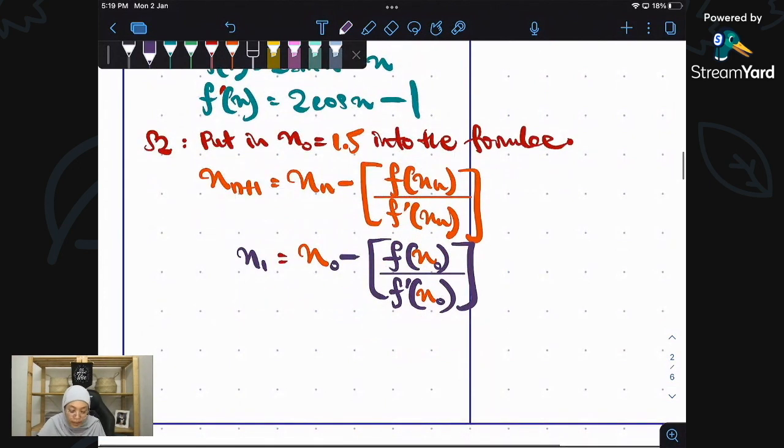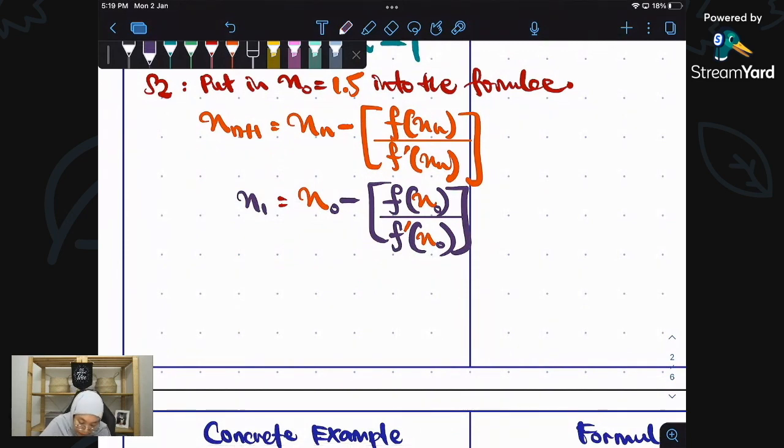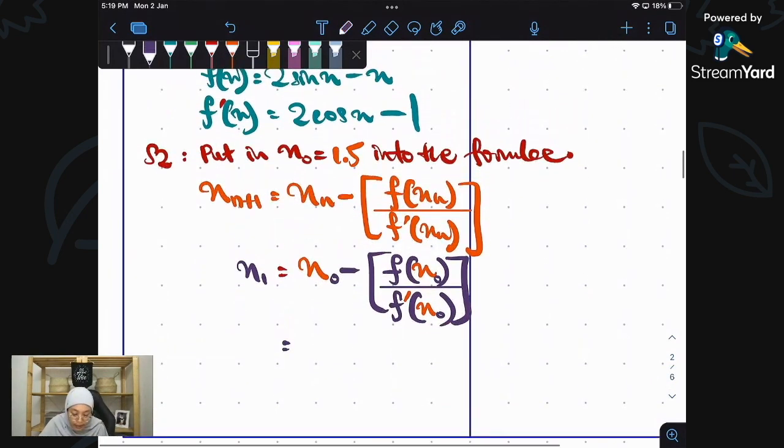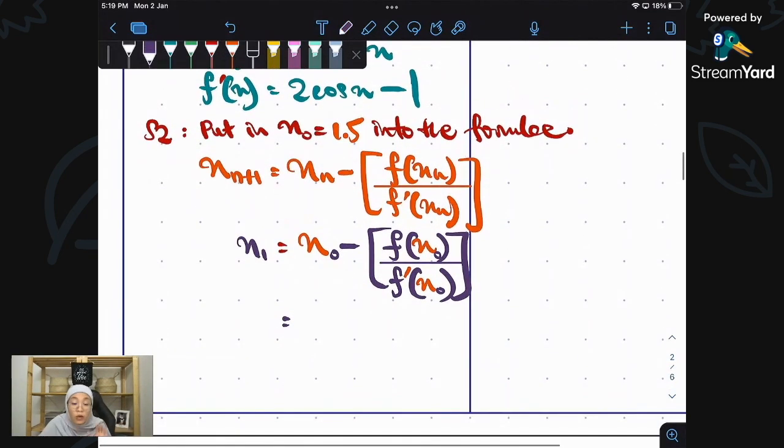This is the formula that has to be written first. Write the formula first so that we are not careless. That is the only reason I ask you all to write as much as possible, so that it is easier to memorize. Then you are not yet putting in the 1.5.